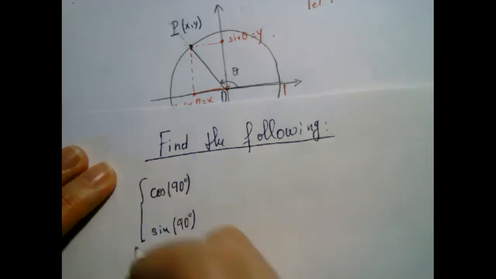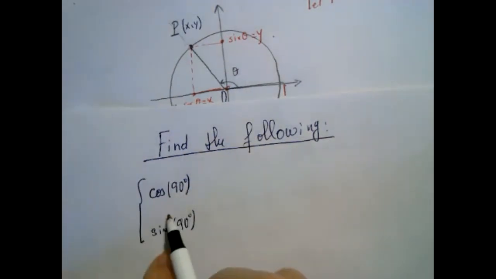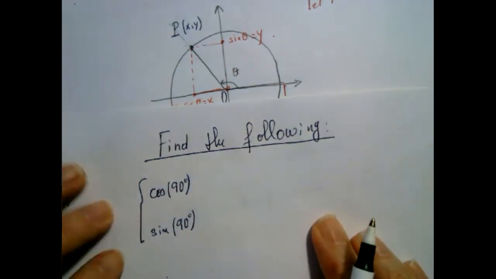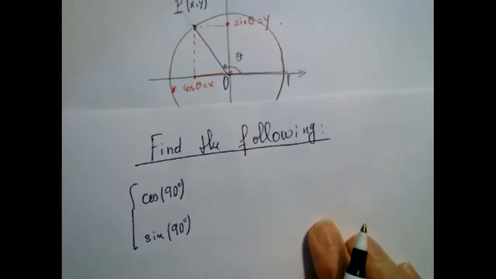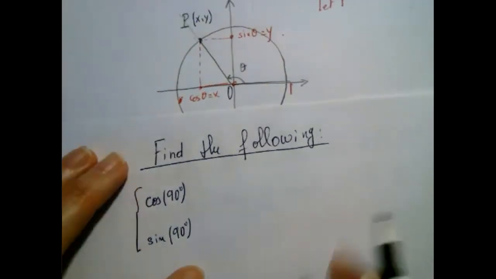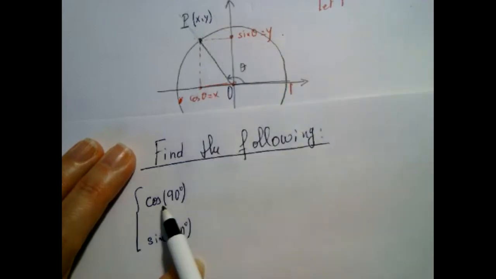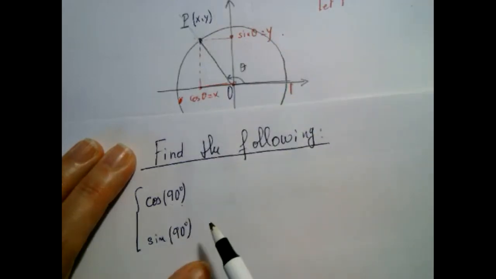Remember, when I have a right triangle, cosine 90, sine 90 didn't make sense because in a right triangle the angle cannot be 90 degrees. So now what's the cosine of 90 and what's the sine of 90? Let's see how I'm going to follow the definition. First, I need to draw the point P that forms an angle of 90 with the positive x-axis.